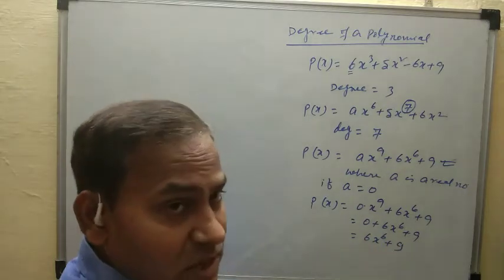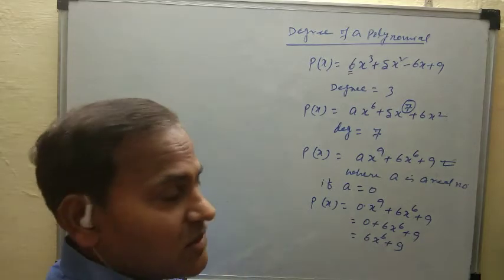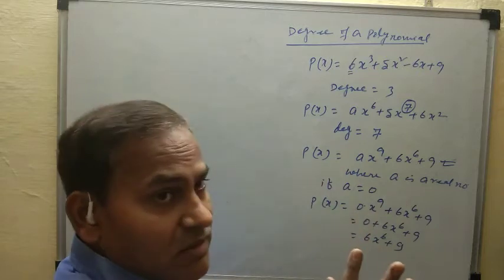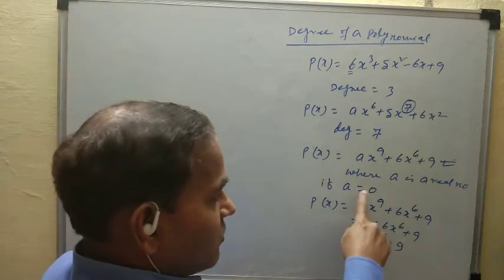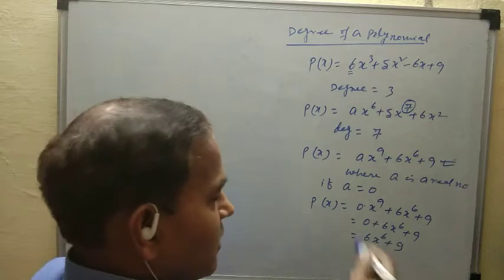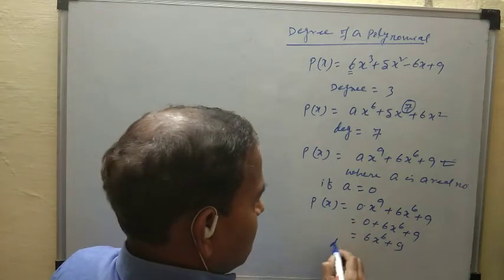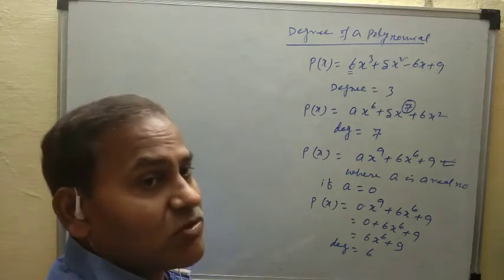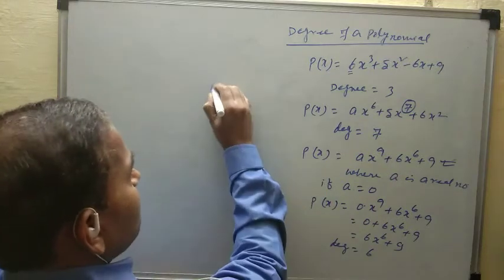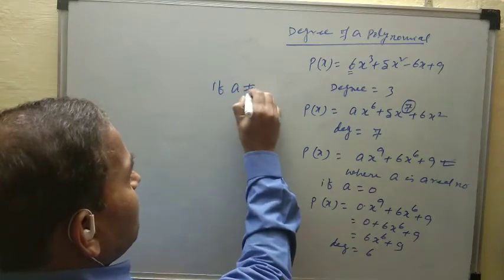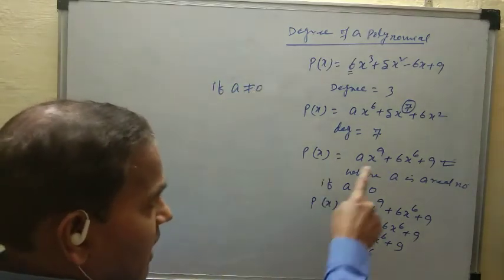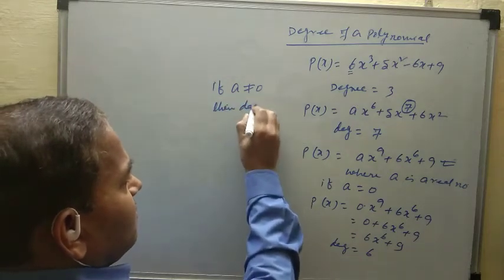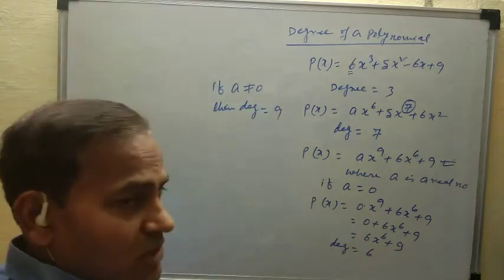Now what is the maximum power? It's 6. So the degree of this polynomial is 6, not 9, when a equals 0. And if a is non-zero, then degree is equal to 9.